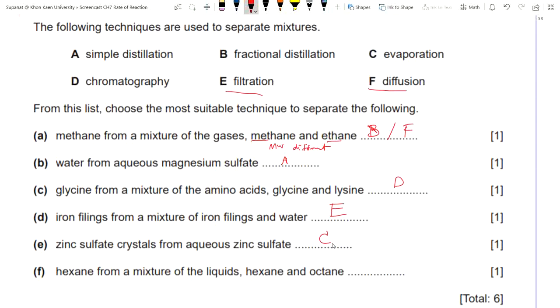And what else? The hexane from the mixture of the liquids hexane and octane. We can do fractional distillation because the boiling points of hexane and octane are different. All right.